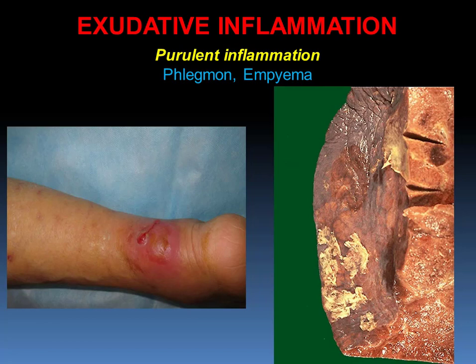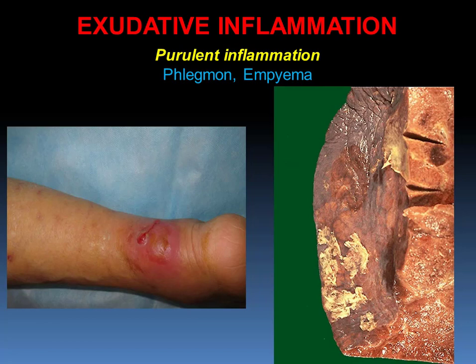According to consistence, phlegmon can be dense and soft. Dense or hard phlegmon is a variant of phlegmon with predominant coagulative necrosis. That's why the consistence of inflamed tissue will become dense. In soft phlegmon, the predominant process is liquefactive necrosis, lysis of the necrotic tissues.